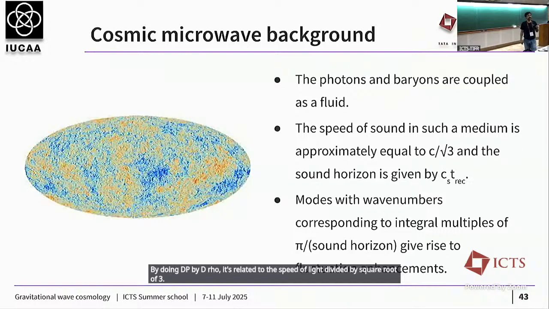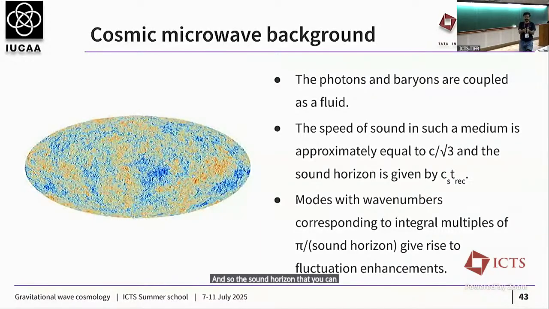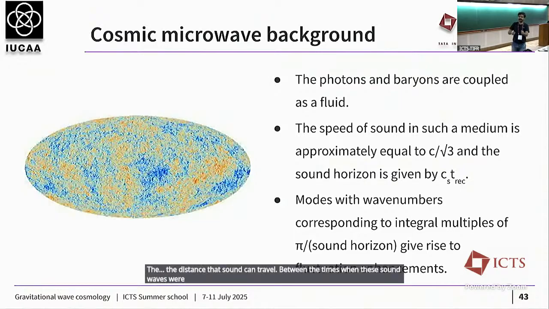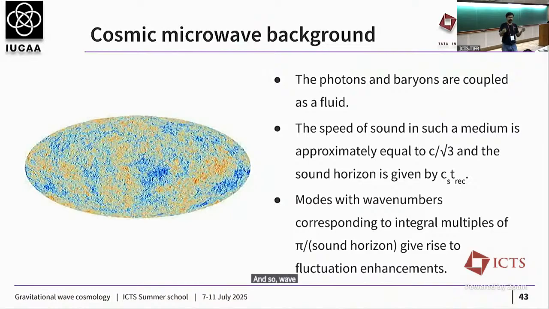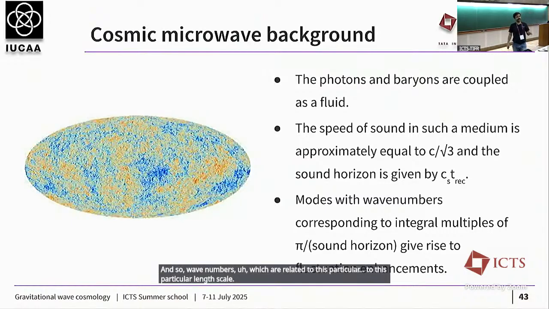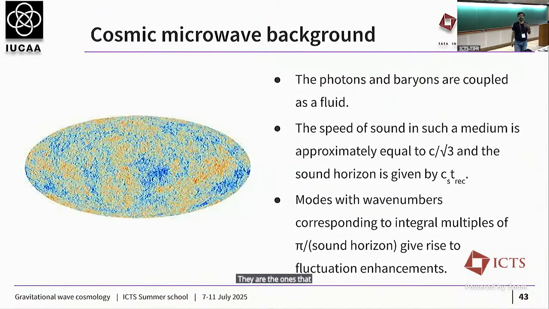And so the sound horizon that you can calculate, the distance that sound can travel between the time when these sound waves were initiated and today, will be the sound speed times the time to recombination. And so wave numbers which are related to this particular length scale are the ones that will have enhanced fluctuations.